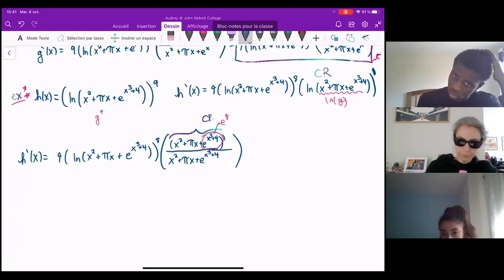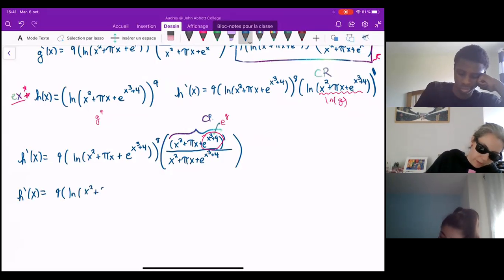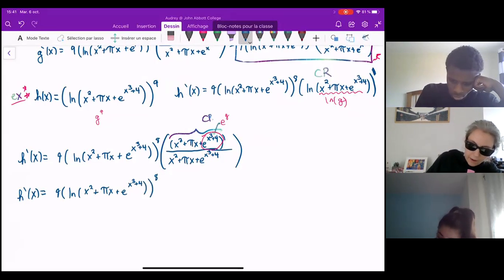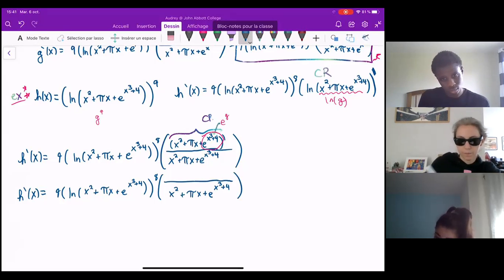There you go. Okay, so h prime of x is 9 ln of this inside thing, x squared plus pi x plus e to the x cubed plus 4 to the 8. I'm not touching the bottom. And then what's the derivative of x squared?